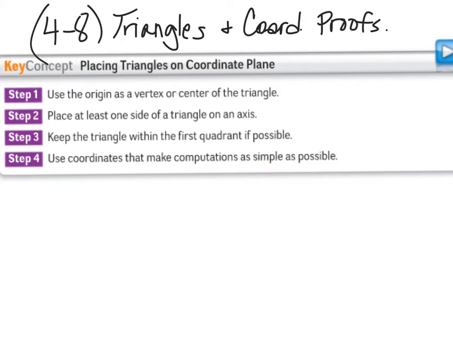So let me give you a quick example. Say I want to graph an isosceles triangle. Here's my X and my Y. I'm going to make one of my vertices 0, 0.